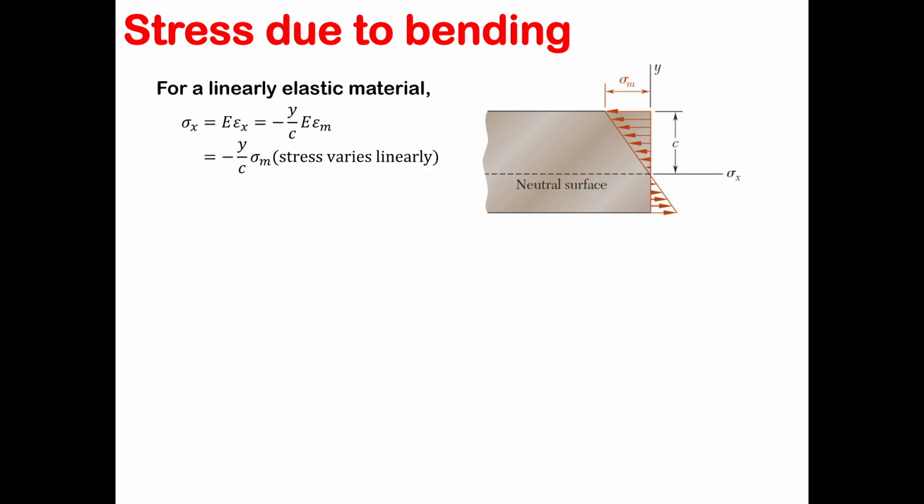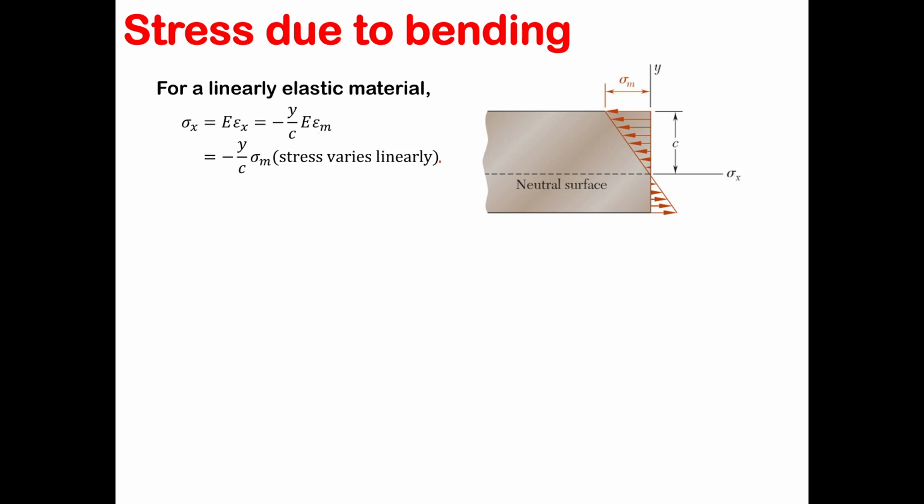If we have a linearly elastic material, we know the relationship between the stress and the strain. Stress is going to be equal to E multiplied by epsilon of x, which means that you can find your stress as a function of maximum strain.